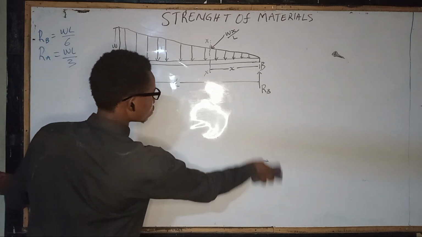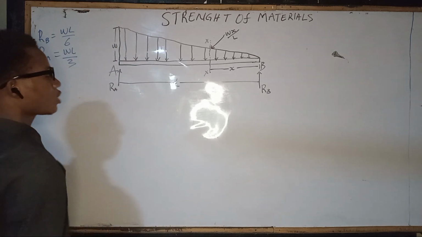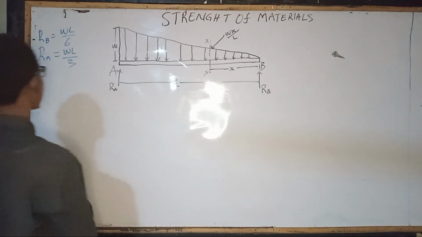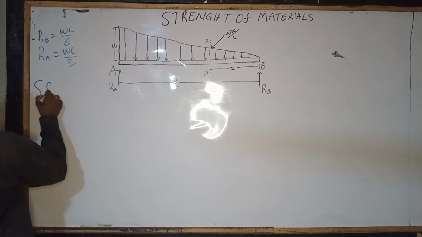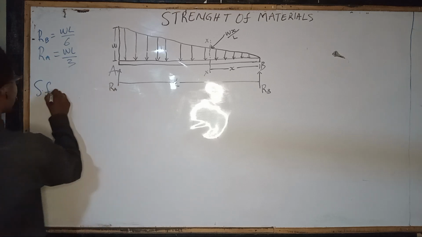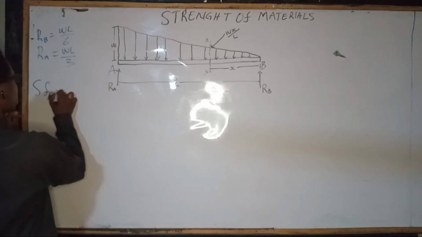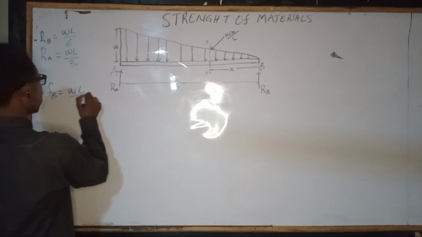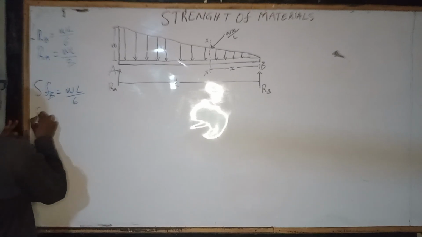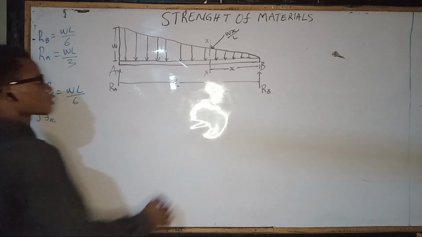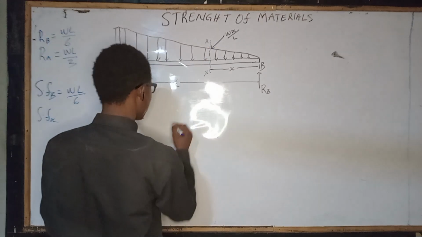So now, we are asked to find the shearing force. The shearing force at B would also be equal to the reaction at B, which is WL over 6. And the shearing force at X, which is this point here, let me bring it out.